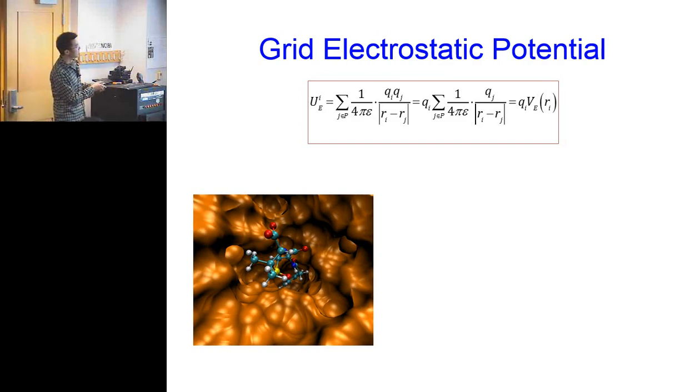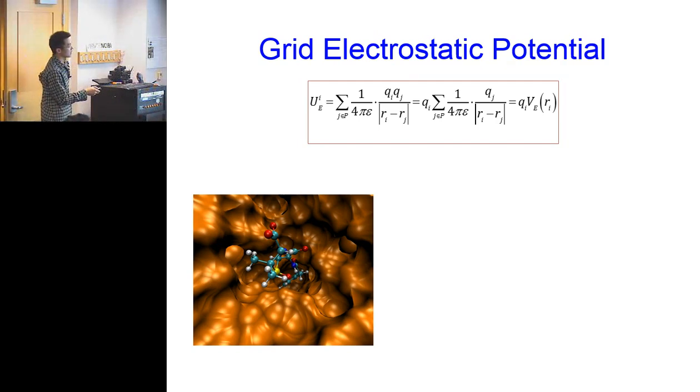The energy for this atom in the ligand will feel the electrostatic force from all the atoms in the protein, so it's a sum over all the electrostatic interactions for all the atoms in the protein. This is the charge of the ith atom in the ligand, and the jth atom in the protein. And you can put the Qi out of this formula like this.